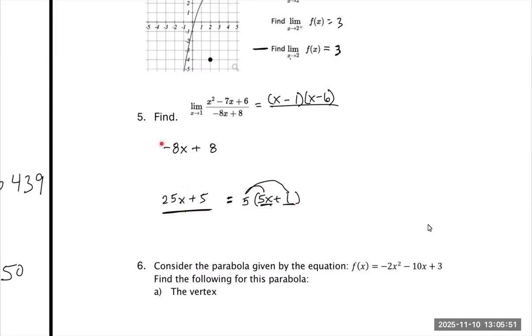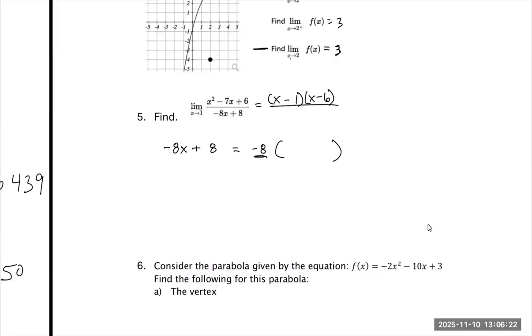So I'm going to do the same thing here. I'm going to find the number and the binomial that multiply together to be this. What do I see that divides the first term and the second term? That's the common factor, and I see an 8. I'm actually going to take out a negative 8.